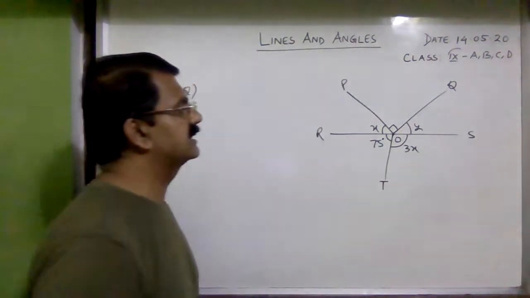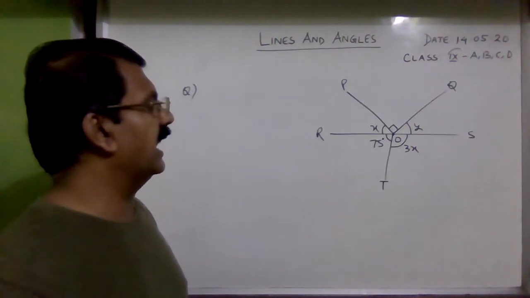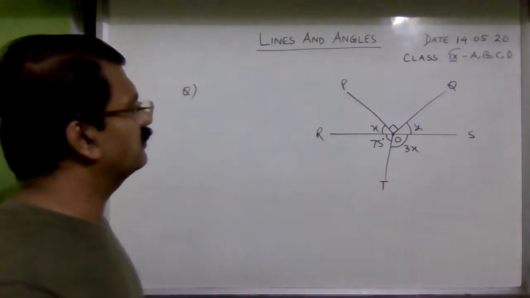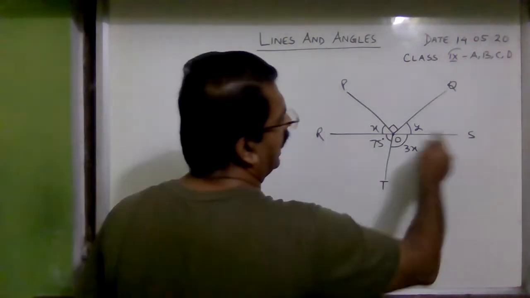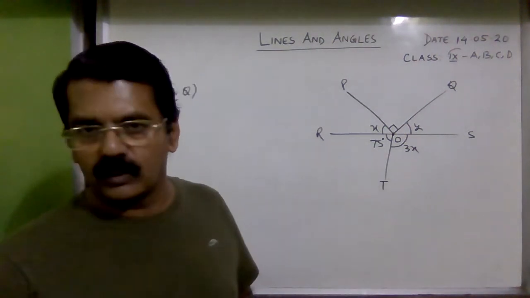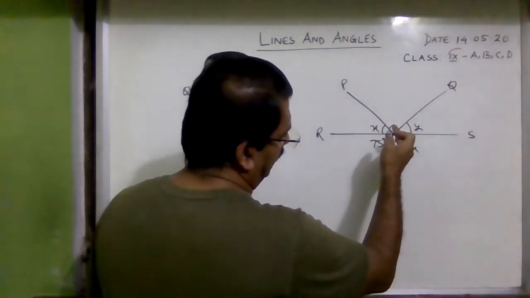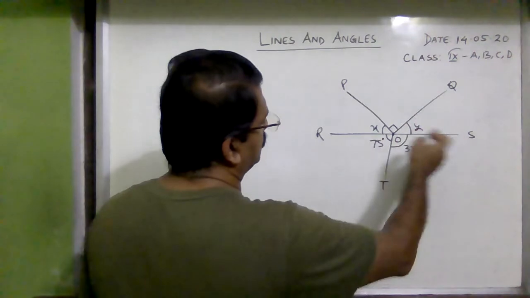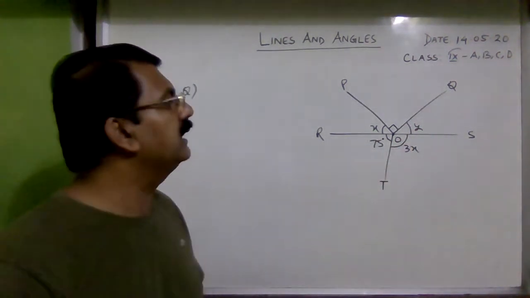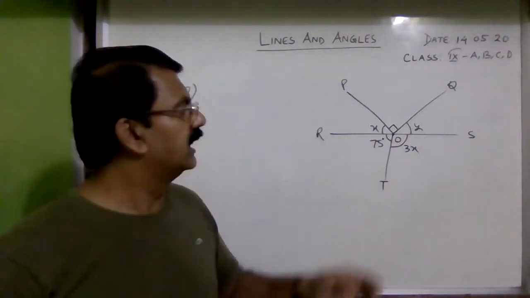Now using this diagram, you have to find the value of x and y. So first of all, you see, as ROS is a straight line, I told you there was an axiom that if OT stands on a straight line, then the sum of these two adjacent angles will be 180, or they are forming a linear pair.